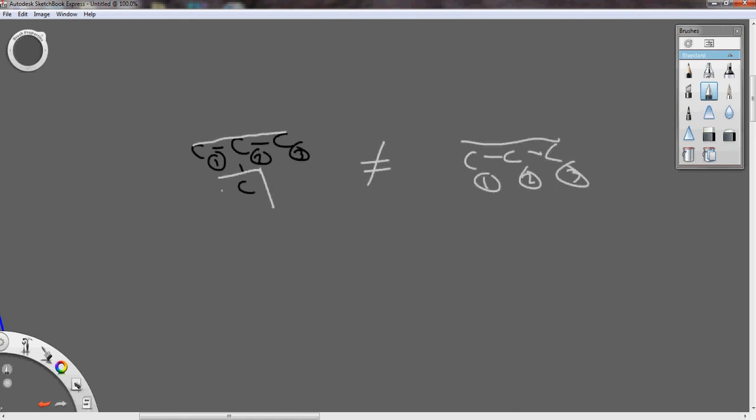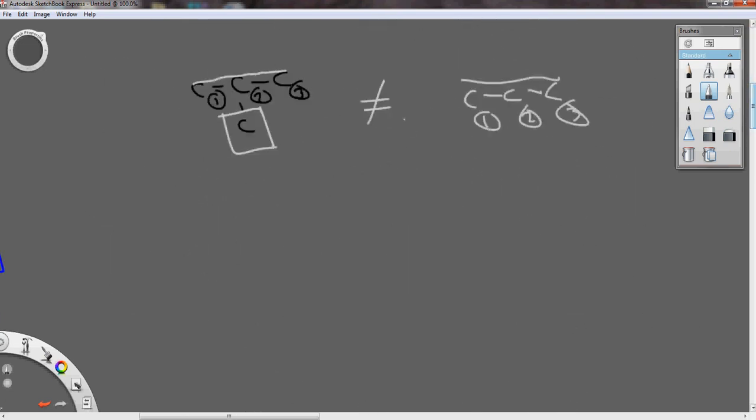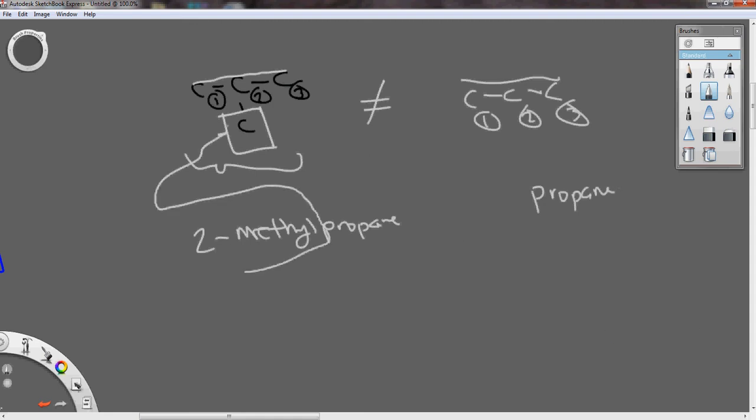Because you do have to consider this extra one in the name, but don't worry about that right now. For these problems I gave you, don't worry about them. Because what this one is actually called is 2-methyl propane. So as you see, they both end in propane, but this extra carbon adds this extra bit in the name. But once again, don't worry about these. I'll go over them in the next video.